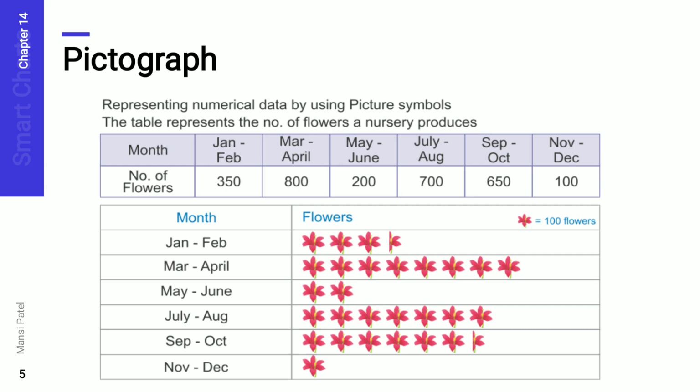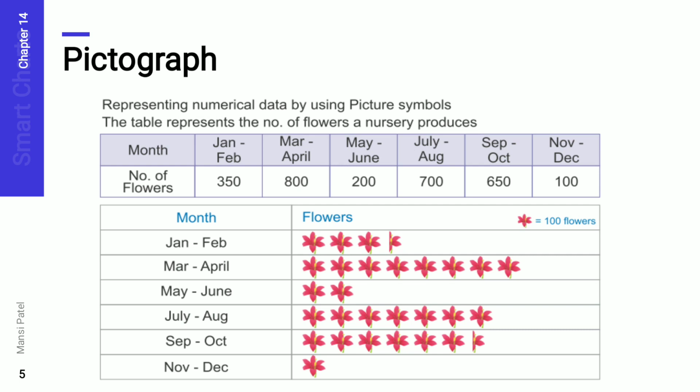If you want to draw the tally marks for this data, then it's quite long. So whenever you are not supposed to do the tally marks, at that time you can use this pictograph. And see here, they were given the symbol that one flower is equal to 100 flowers. One symbol of flower you have to consider as 100 flowers.